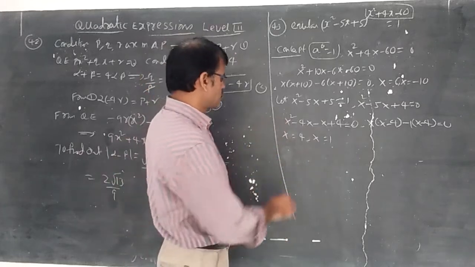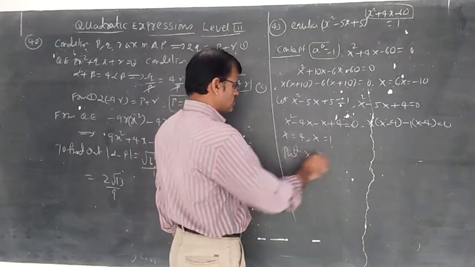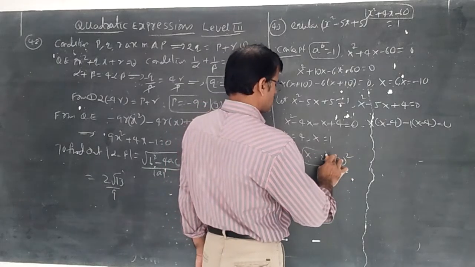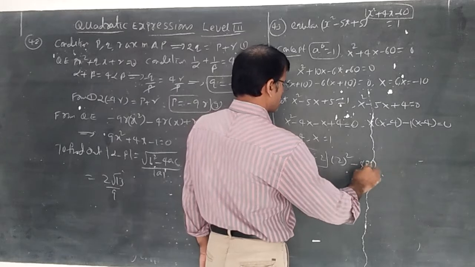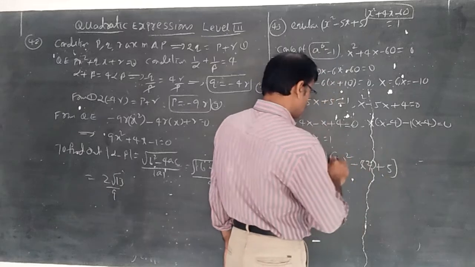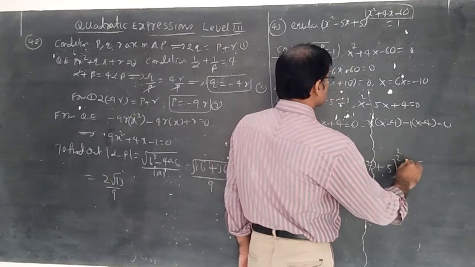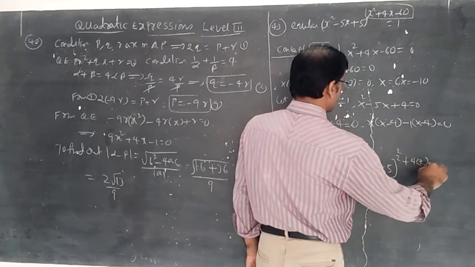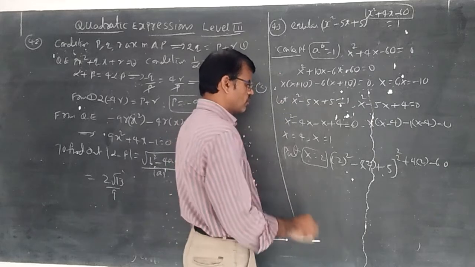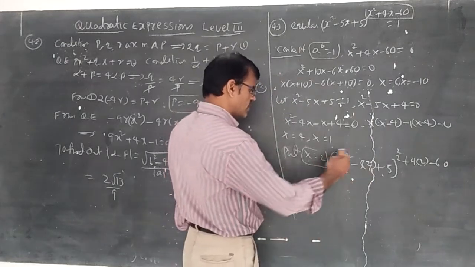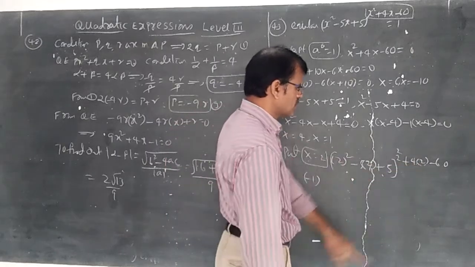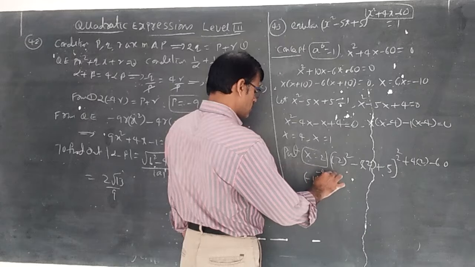Another case: put x is equal to 2, that is the even case. Let us verify. 2 square minus 5 into 2 plus 5, whole power 2 square plus 4 into 2 minus 16. 2 square is 4, 4 minus 10 plus 5 is minus 1, whole power 4 plus 8, 12 minus 16 is minus 4.